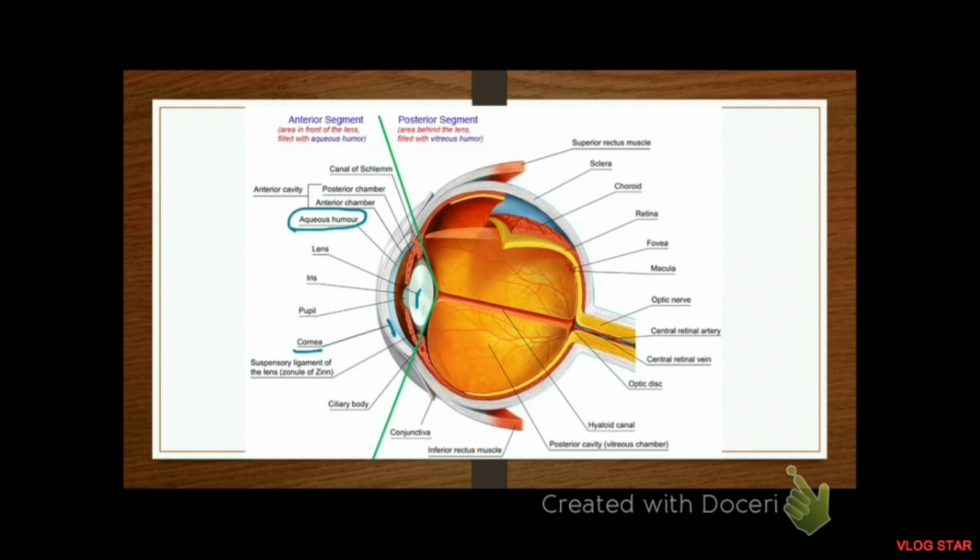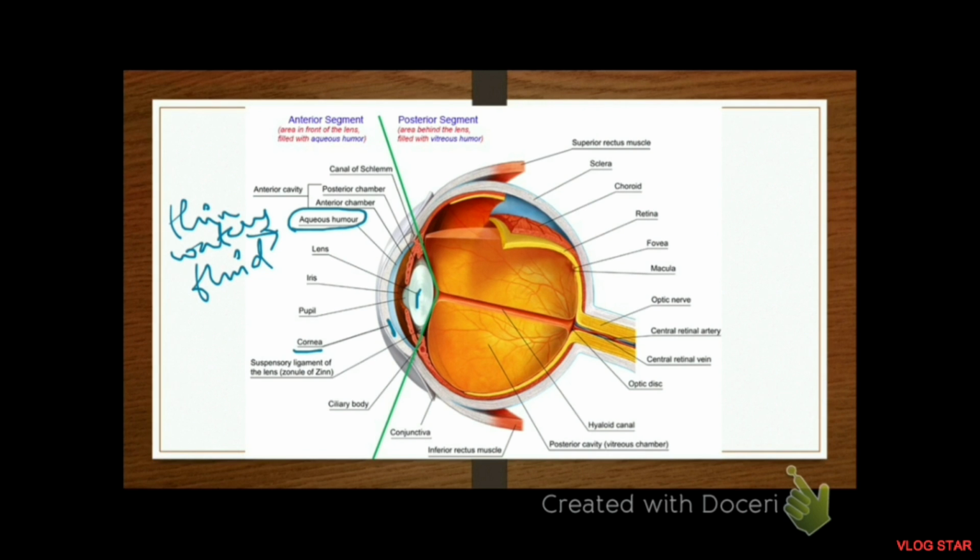Between the cornea and the lens you have this liquid filling the aqueous chamber. It is a thin watery fluid, and that thin watery fluid is nothing but aqueous humor, the blue region that you can see.